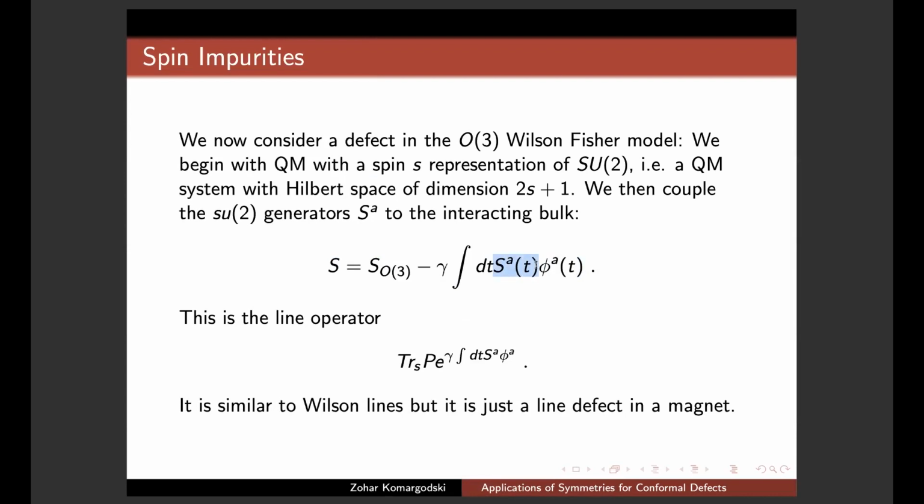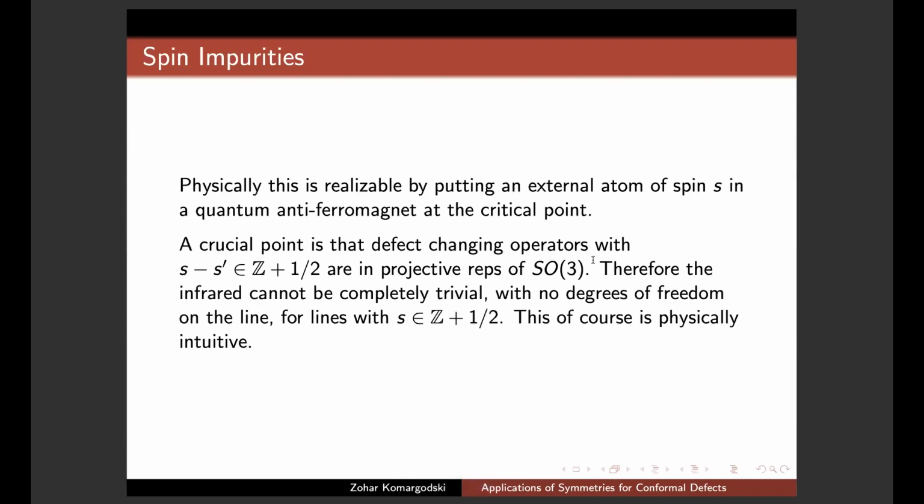So let's think about endpoint operators that take the trivial line to a line of spin S. There is no natural endpoint from the bulk because you have to make the spin jump by a half integer. So from what we said before, we learned that the infrared cannot be trivial.